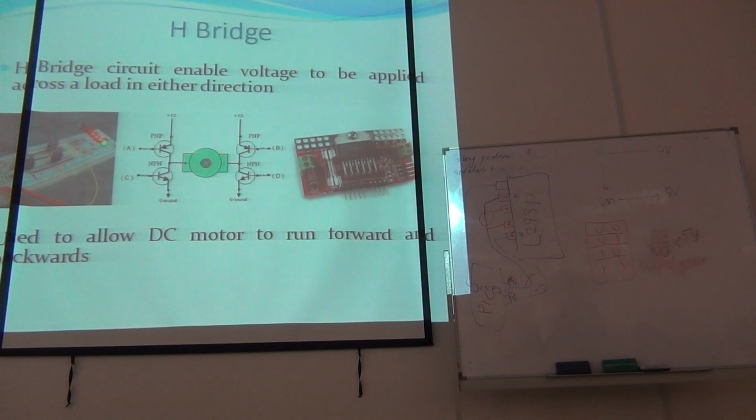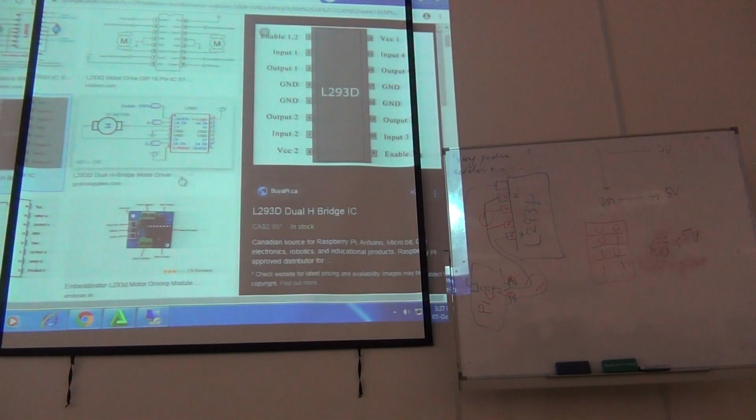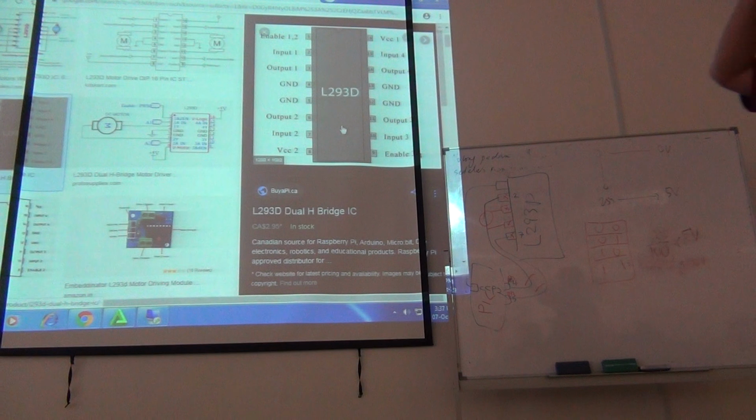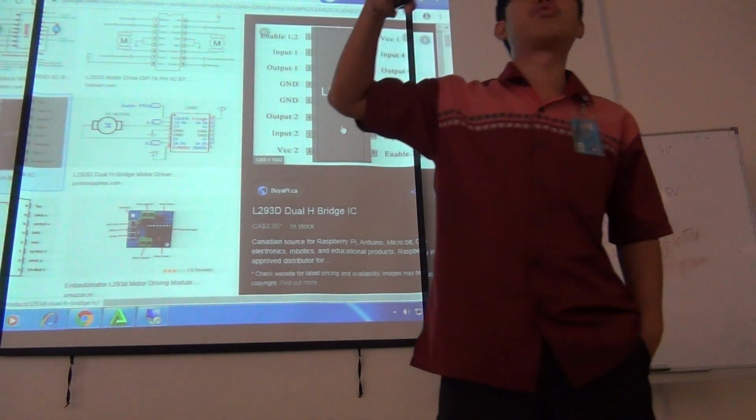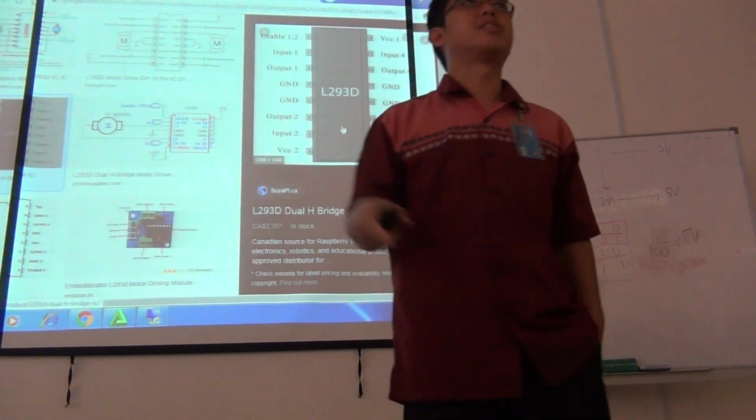You should know where the component is. L293D is the H-bridge. Look at it. L293D is on the board, in the section of DC motor driver and encoder.